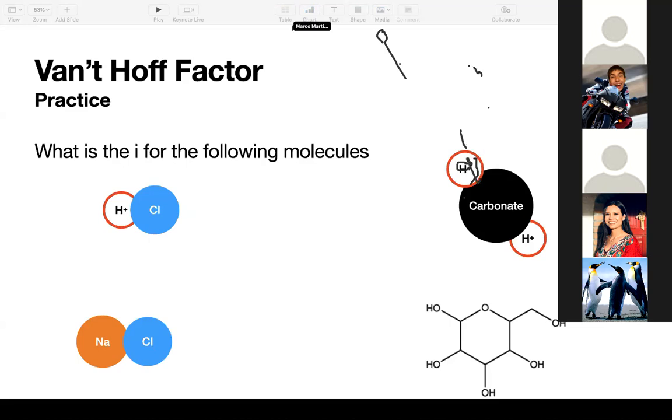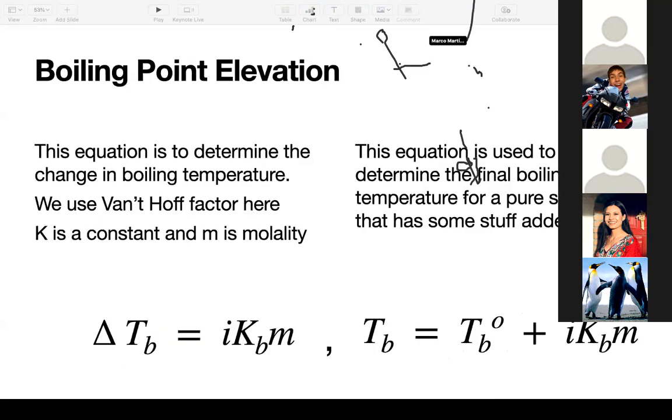Alrighty. So now we're talking about boiling point elevation, which is also one of the colligative properties. We can see it by these 2 different equations. On the left here, we have the change in boiling point is equal to i Kb m, where K is a constant, little m is molality, and i is Van Hoff's factor.